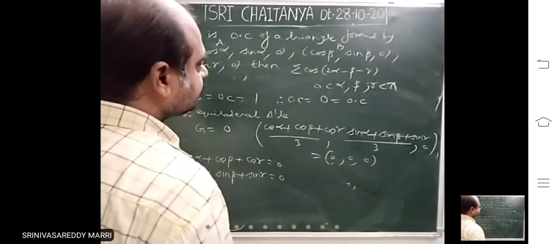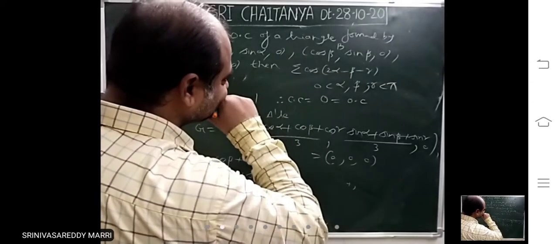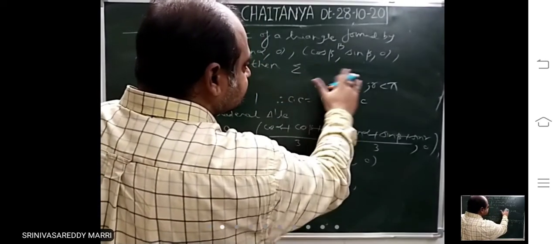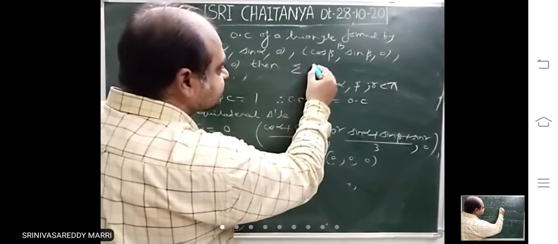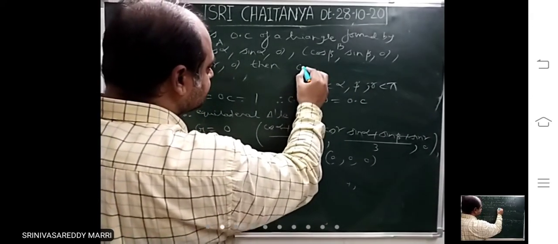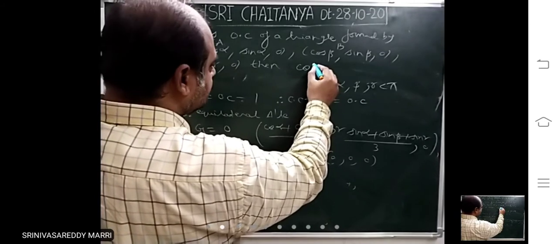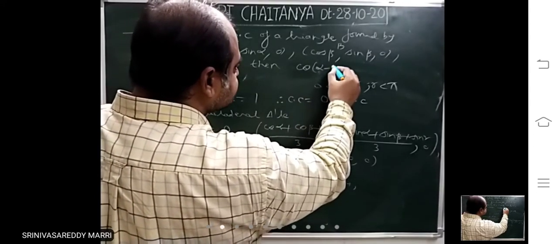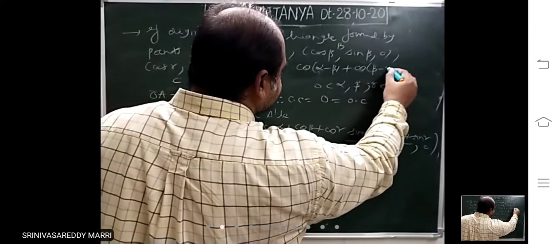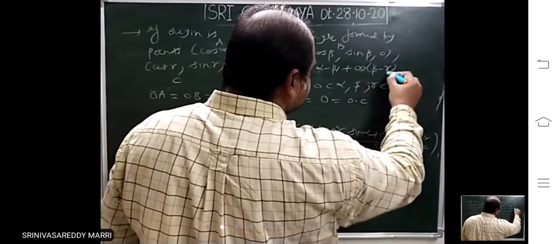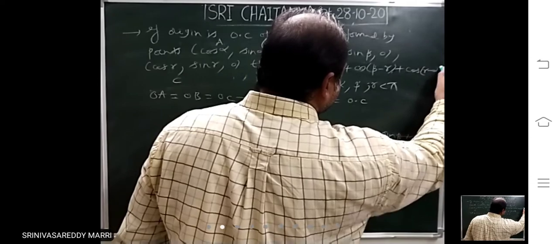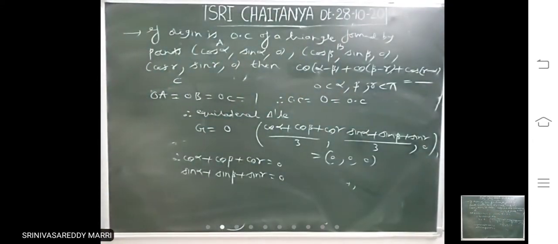Okay, do one thing here, change this. This cannot be calculated directly; that will come in some other chapter, in the complex numbers chapter. You take the sum of cos of alpha minus beta like this.